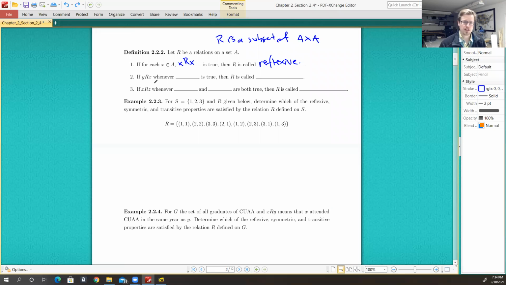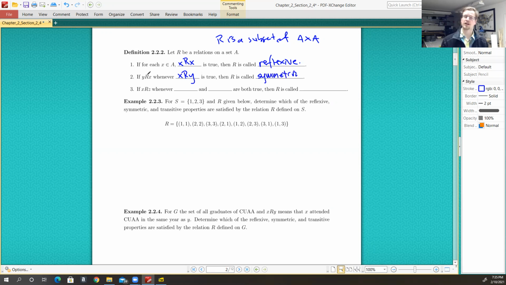Our next property: if y is related to x whenever x is related to y, if that is true, then R is called symmetric.